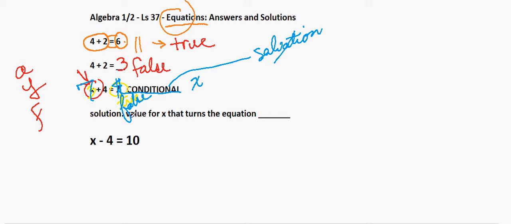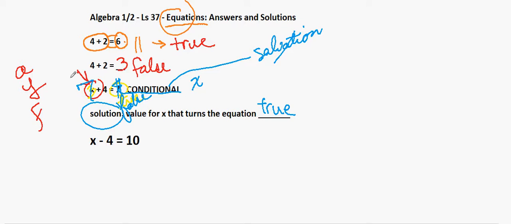If you can look through all my chicken scratch here, a solution, right? An answer to a problem. In life, it's the same thing. To solve, a solution is a value for x that turns the equation true, according to the book, bottom of page 120.